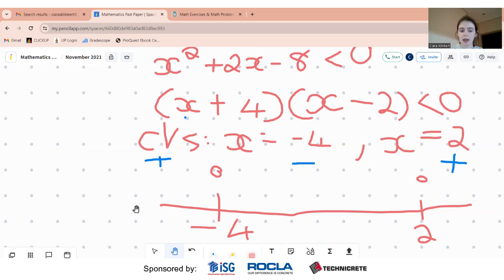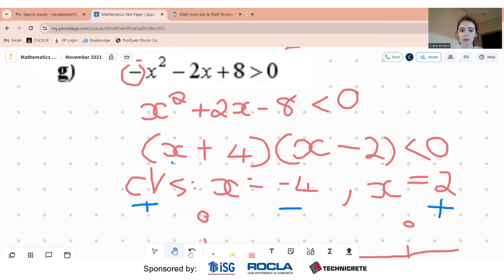But am I positive or negative? Because my question was greater than 0, which implies positive. But then from the second step onwards, it's less than 0, which means negative. Okay? You always want to use your most recent version of the inequality, which in this case is the negative.